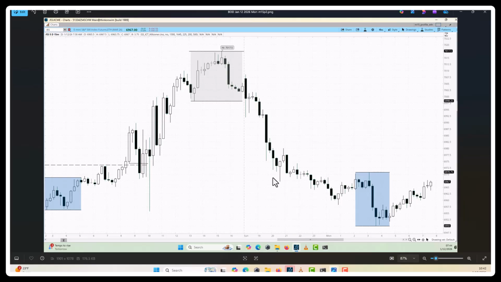But we see this level right here, or any type of fair value gap right here, giving us some clue. At that level, what do we see? And you see the huge candle right here also. It tells you something.